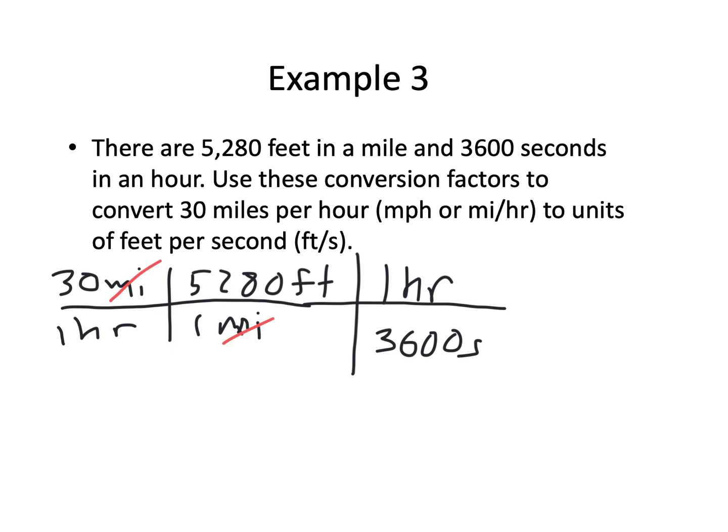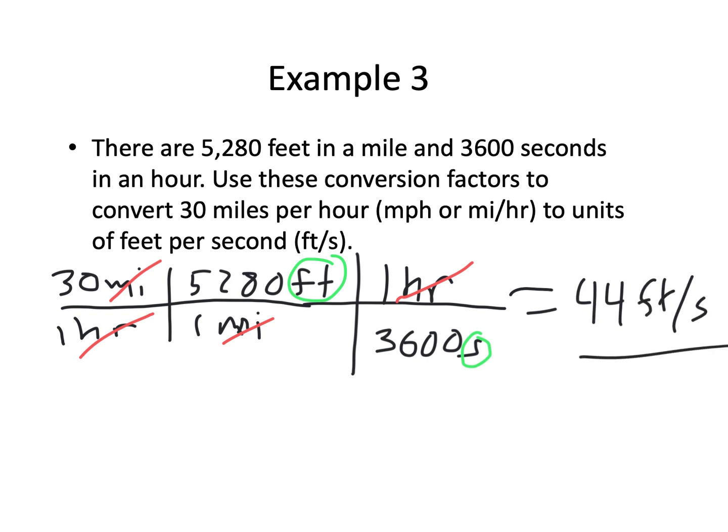Of course, this whole block here I'm just multiplying by 1, but I do it such that I've got hours down below and hours up above that cancel, and what I'm left with is feet over seconds, and that's what I want. So I just need to multiply 30 times 5,280 and divide by 3,600. And when I do that, this is equal to 44 feet per second. And that is my conversion.